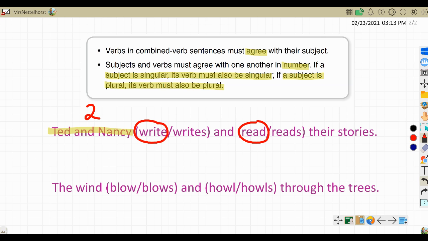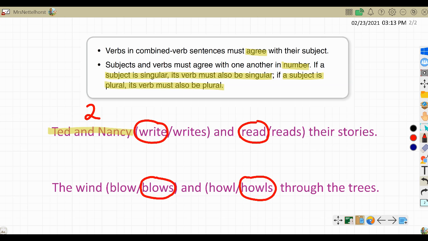Okay, so we have a plural subject, no S on my verbs. Okay, the wind is one thing because it's not countable. So it's considered singular. So the wind blows, like the dog barks, the wind blows and howls through the trees.